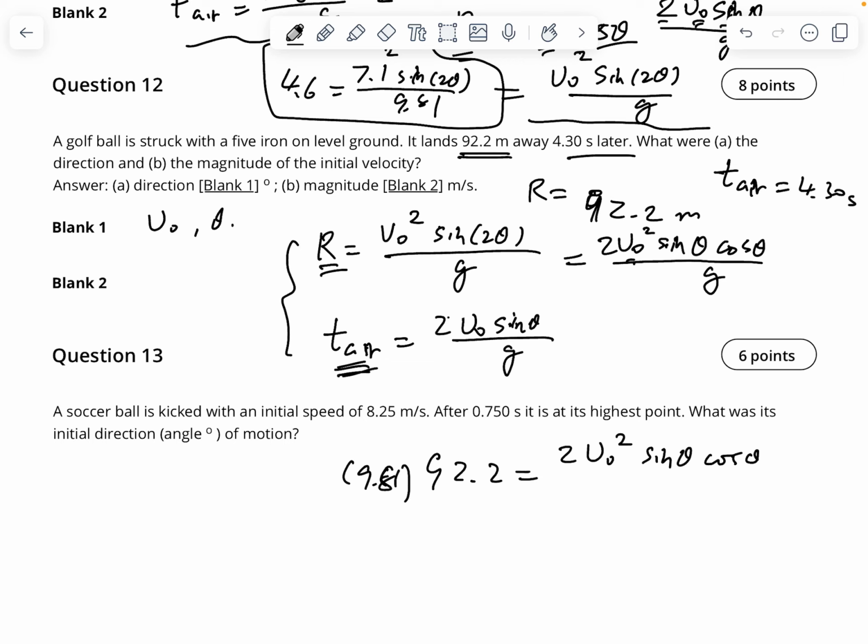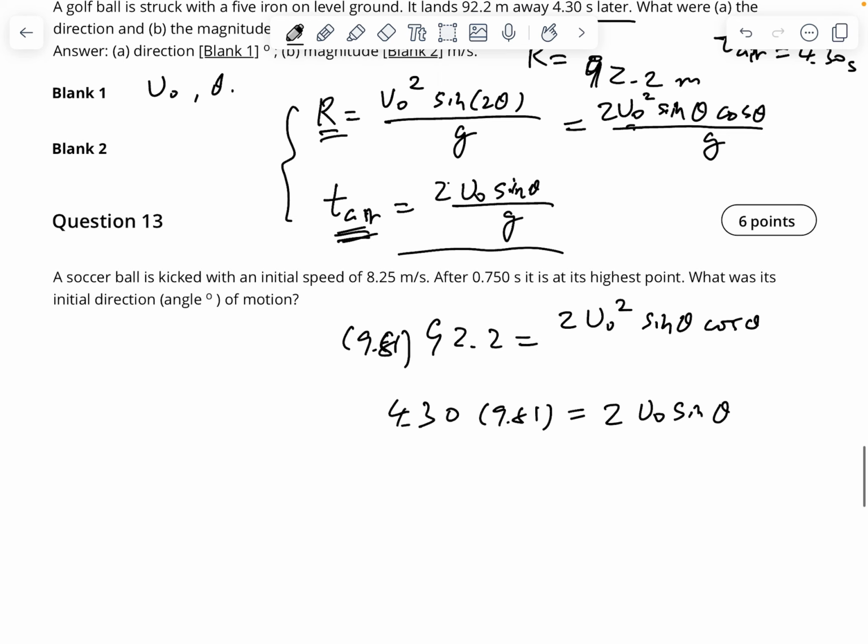And the air time is 4.30 times 9.81 equals 2 V naught sine theta. So from this equation, V naught sine theta equals 4.30 times 9.81 divided by 2.